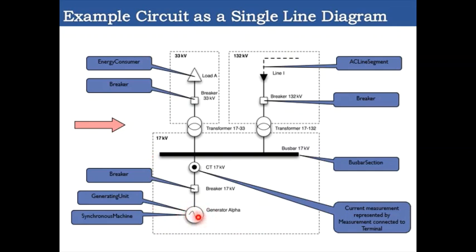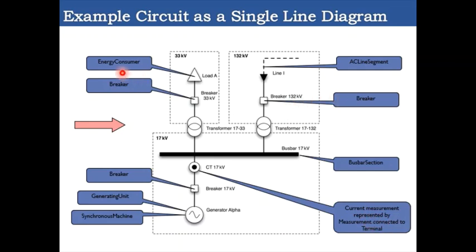Say in the generating area, you need generating unit class, you need synchronous machine class also. Then for breaker you need breaker class, for busbar you need busbar section class. Current transformer is also represented by measurement connected to terminal.